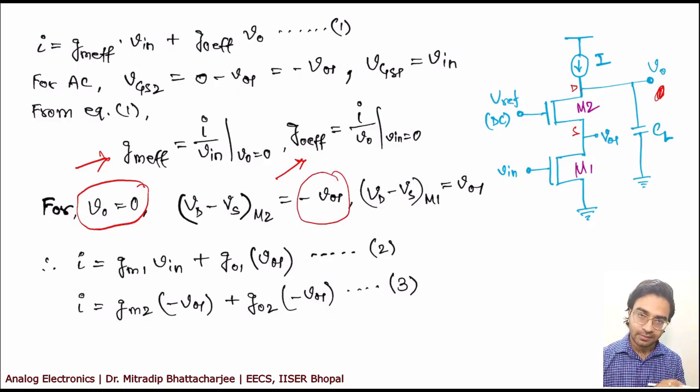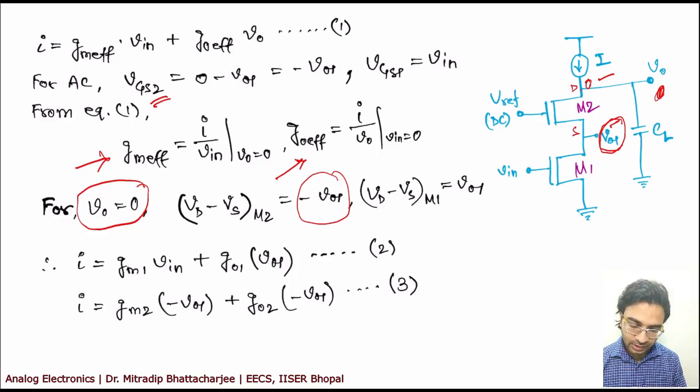Similar to what I just explained for VGS2. Once this is 0, this is V01, so this minus this is minus V01. What is your VDS for M1?